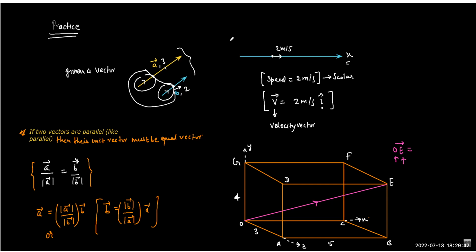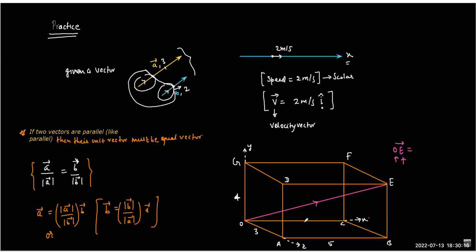Okay. So look at this. Can we go from O to E like this? Yes, but this is not the only way. I can go this way, this way, this way. I mean, there are many ways in which I can reach. Now, what is the beauty of walking?